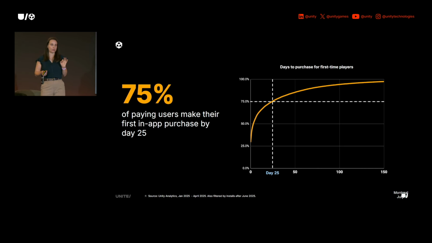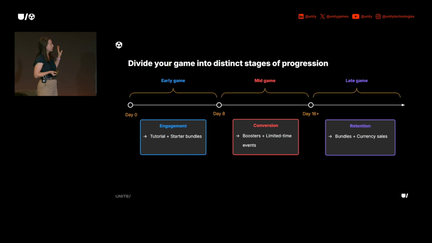Let's break this down a little more and look at the different game stages. The way we think about it is there is early game, mid game, and late game. You have a different goal in each of these stages. In the early game, it's about engagement. You want to make sure your player understands the core loop, gets engaged with it, and comes back.